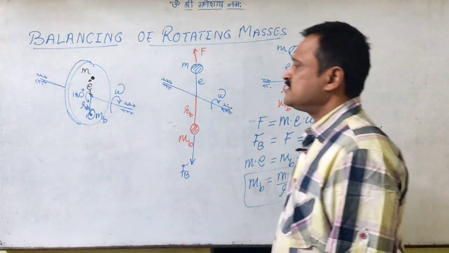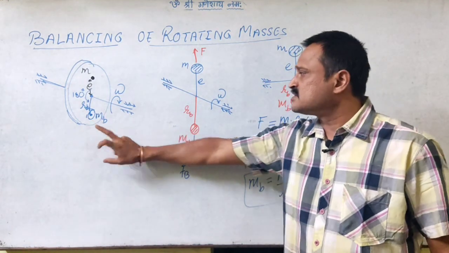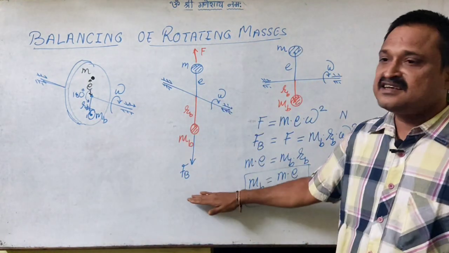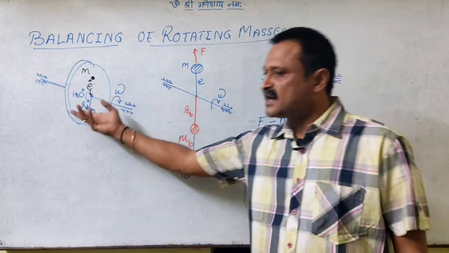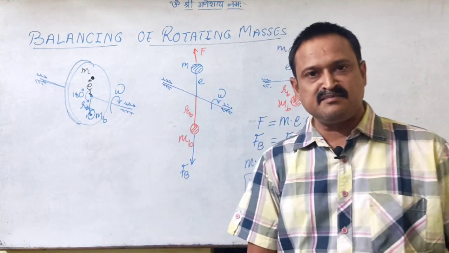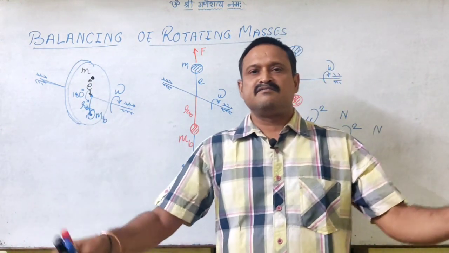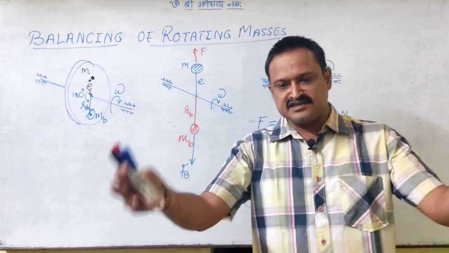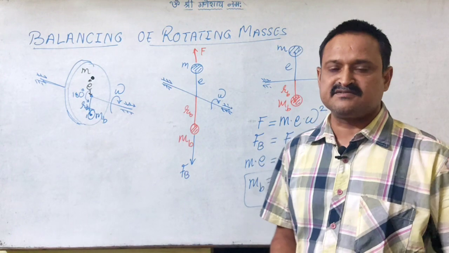So if I want to reduce the value of the balancing mass, what I can do is increase the radius value, so that the mass I need to add to the system is smaller. As I have already said, when we are doing field balancing, the entire system is assembled and installed, and when we check it for smooth running, we find there is a vibration.